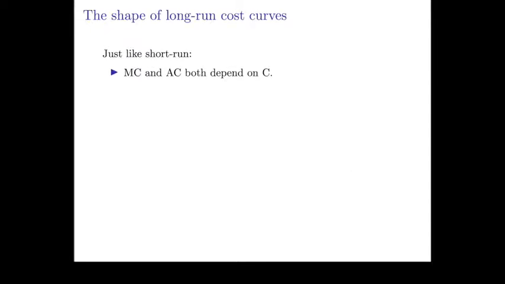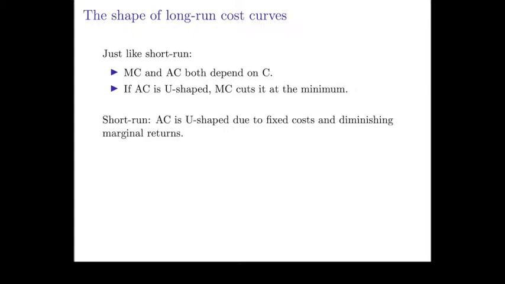And we can define marginal cost and average cost for the long run as well. So as we vary the quantity, we're going to have a marginal cost and an average cost. And these, of course, are going to, just like in the short run, depend on the cost function. So if the average cost is U-shaped, just like in the short run, the marginal cost is going to pass through the average cost at its minimum.